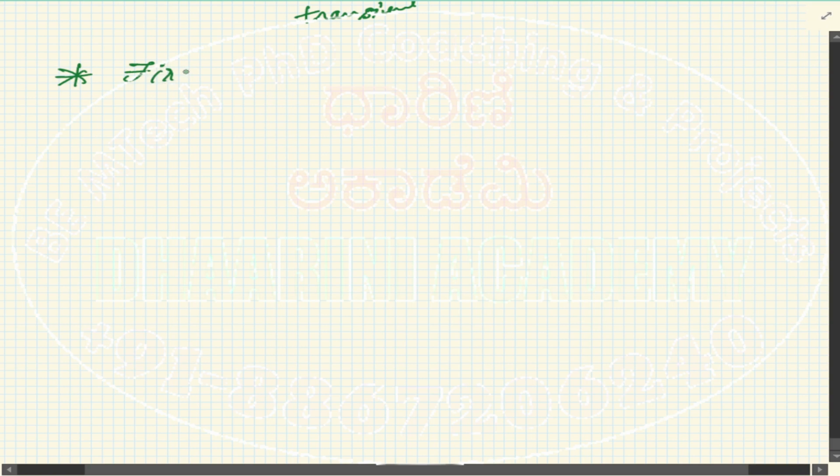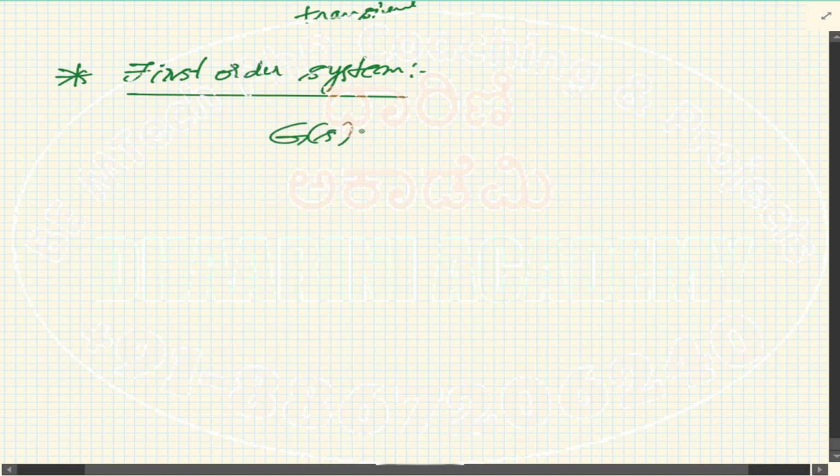The first one is first order. The first order system is generally denoted as g of s is equal to, maybe you can write this as, k divided by s plus tau.